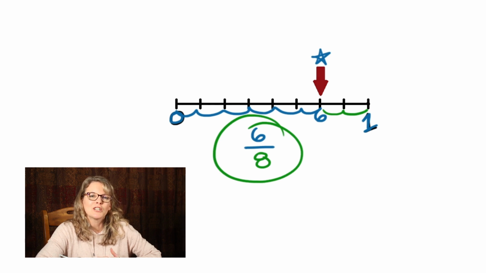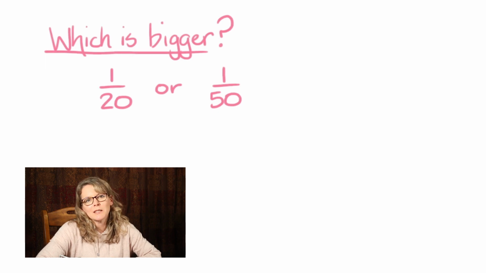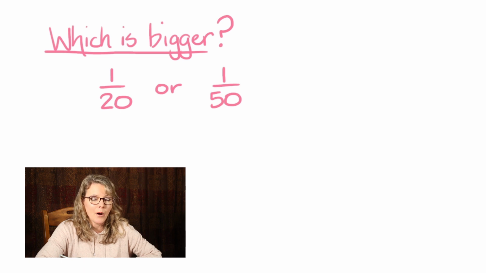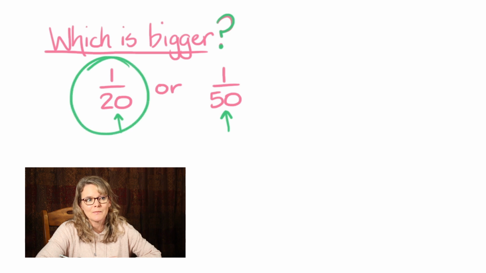All right, let's switch gears and remember how to tell which fraction is bigger. Which one do you think is bigger, 1/20th or 1/50th? Remembering when we cut that box up into 100 pieces. Remember, the denominator tells us how many pieces it's chopped into, so 1/20th must be bigger, and 1/50th is a smaller piece.